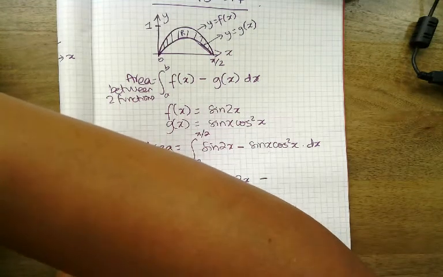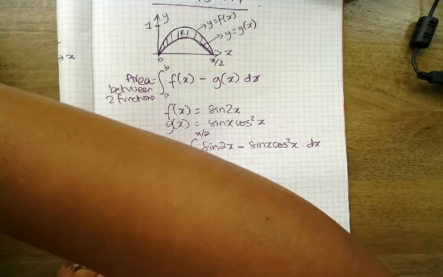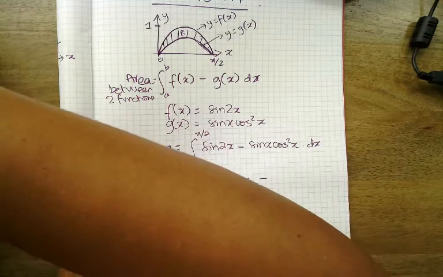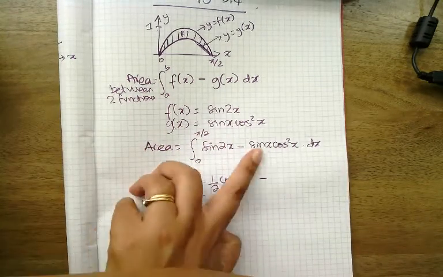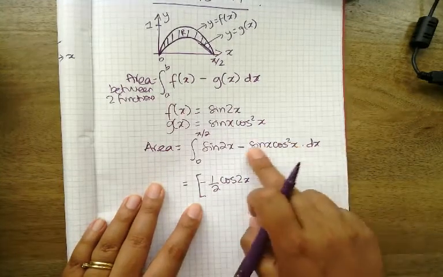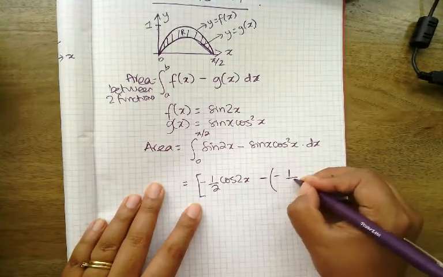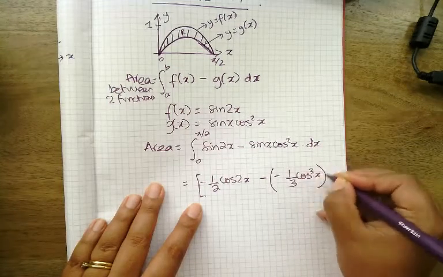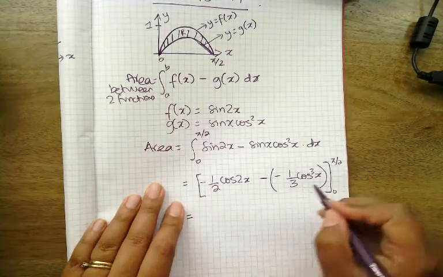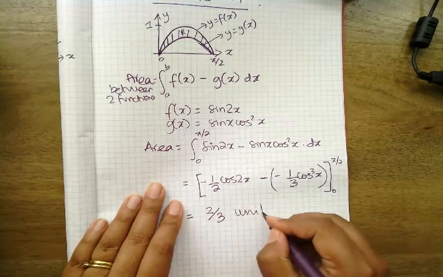You did this on page 303, and I used the reverse chain rule method on page 301 for this exact same integral. So you can use reverse chain rule or substitution to integrate this. If you did that, you would get minus 1 over 3 cos cubed x. And you're integrating that between 0 and pi by 2, and if you substitute in your limits, you would get 2/3 units squared.